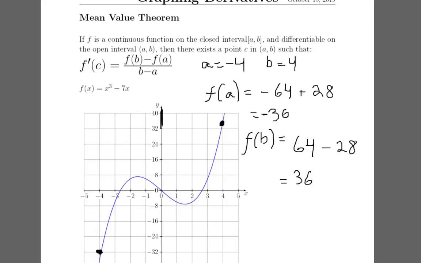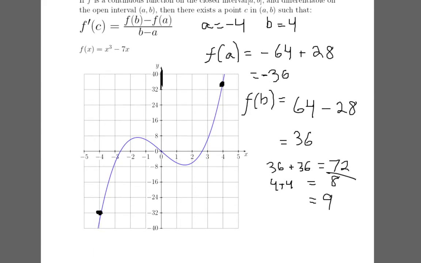All right, so we do function of b minus function of a. We'll just do it real quick. So 36 minus a negative 36 would be plus 36. That is 72. And the bottom is 4 minus a negative 4, which is 8. 72 over 8 equals 9. All right.